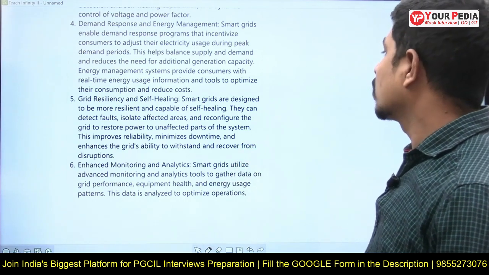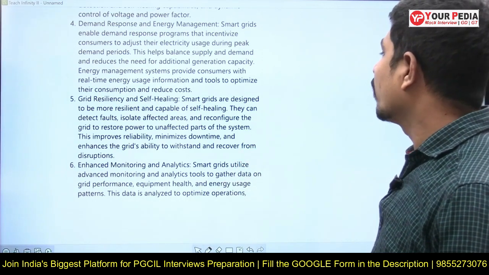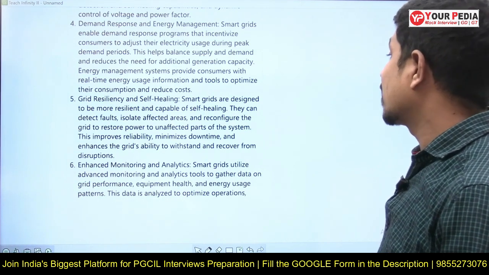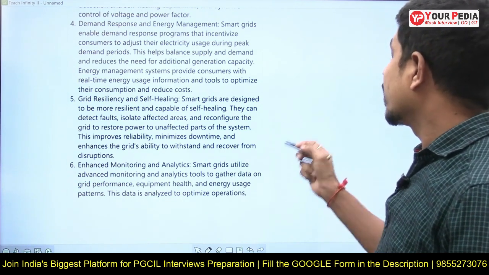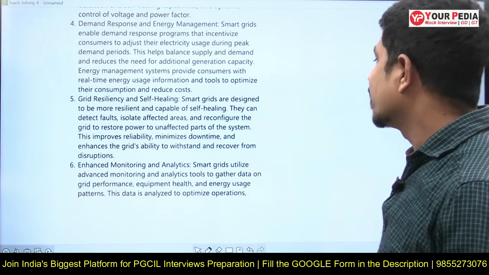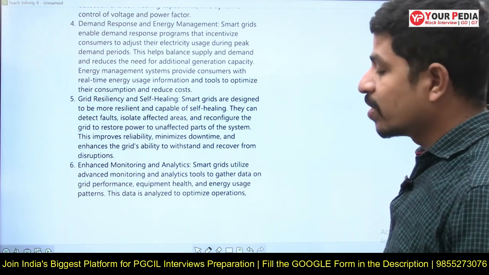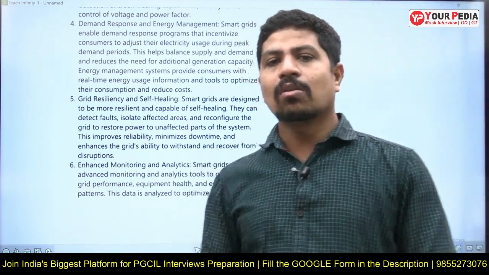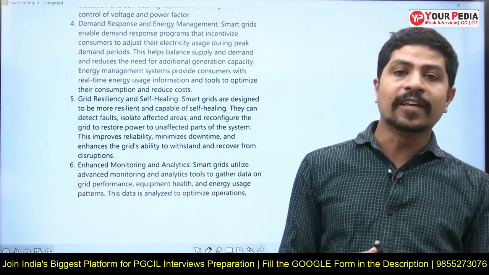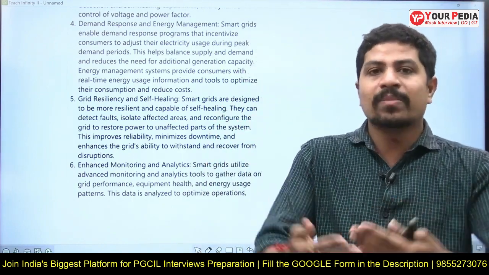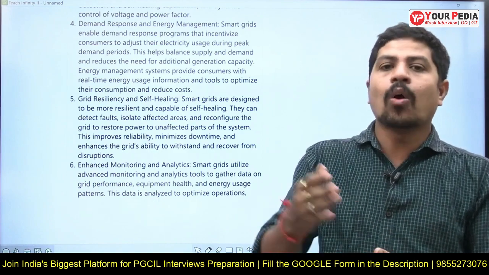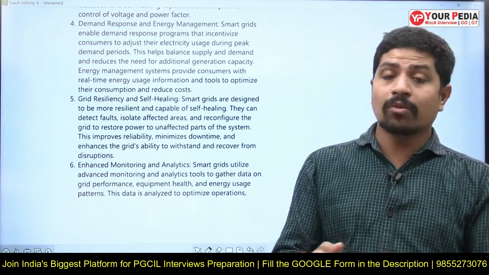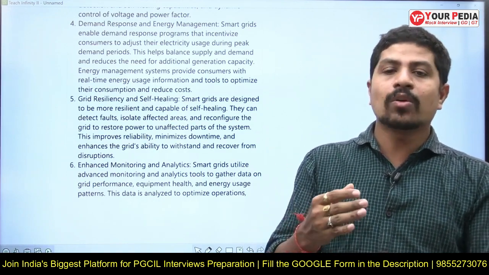They can detect faults, isolate affected areas, and reconfigure the grid to restore power to unaffected parts of the system. This improves reliability, minimizes downtime, and enhances the grid's ability to withstand and recover from disruptions. So it can detect faults automatically, and it can restore the power if power is down.